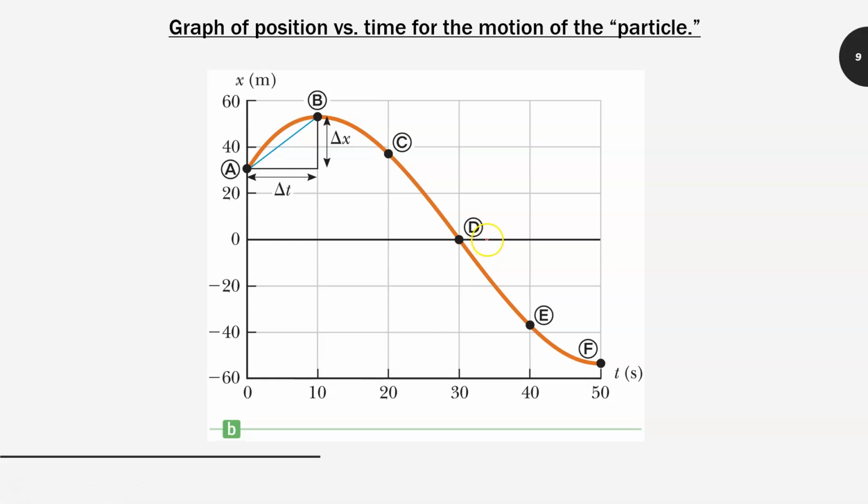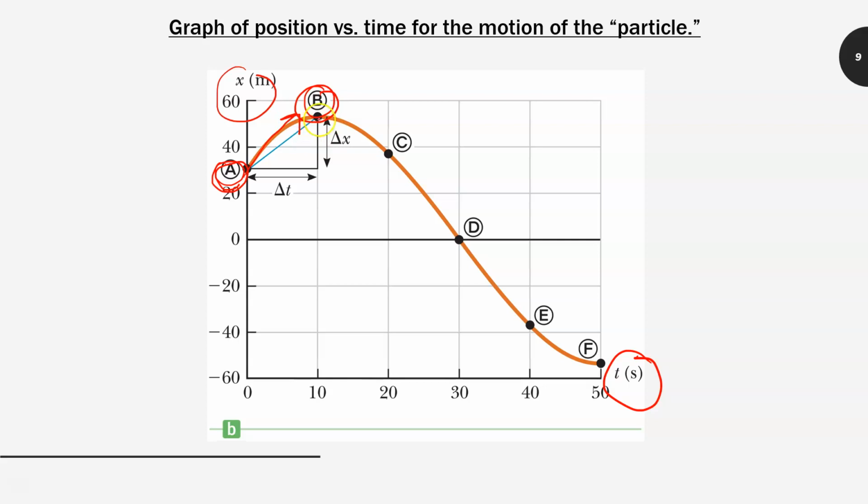Now this slide shows the graph of position with time of the car. If we observe from its initial point, A, to the final point, B, you can see that this car is moving increasingly with time.